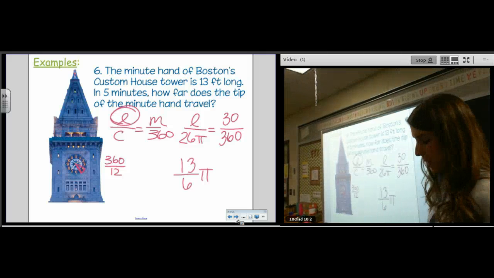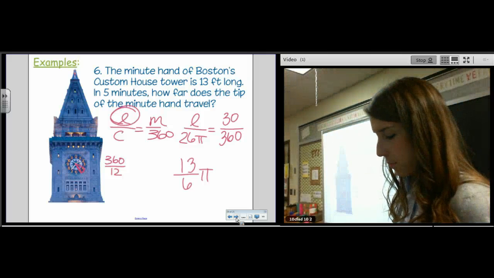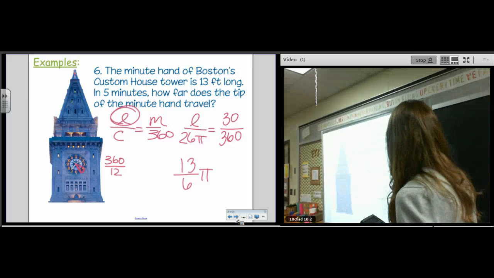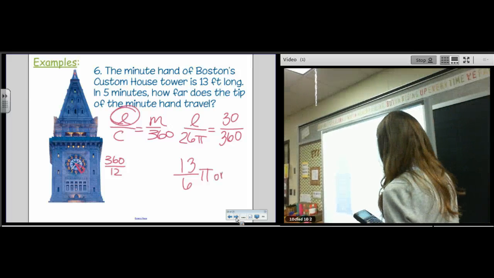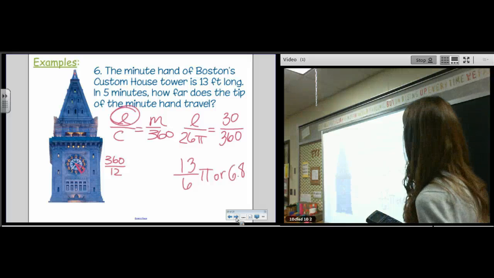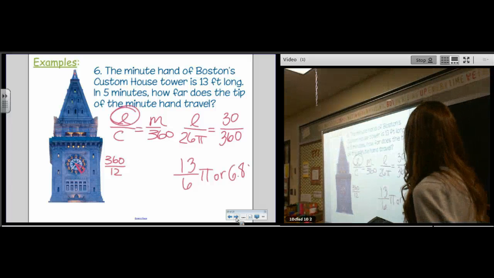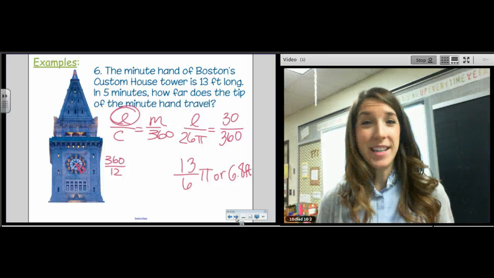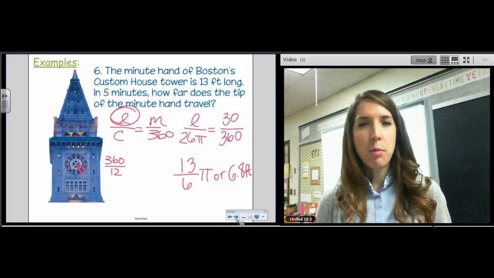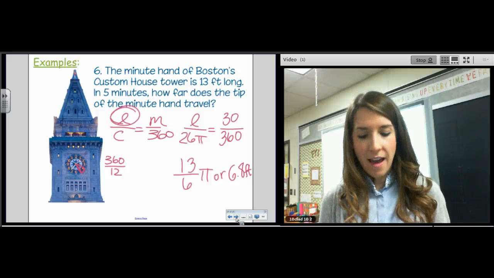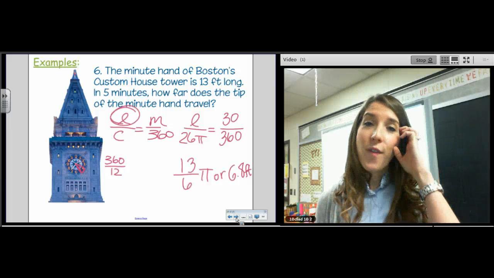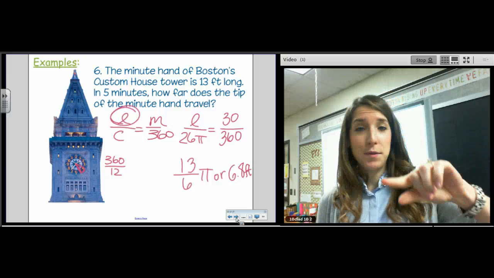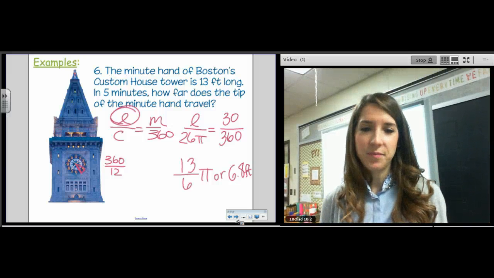And once again, if we wanted to make it a real world problem and have an answer that makes sense to us, it moves the height of a really tall person in 5 minutes. It moves 6.8 feet in 5 minutes. So every 5 minutes, the tip of the hand moves almost 7 feet.